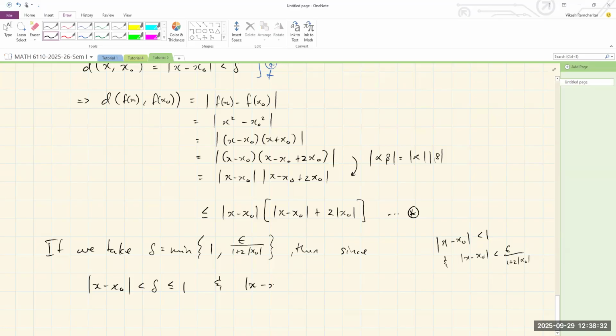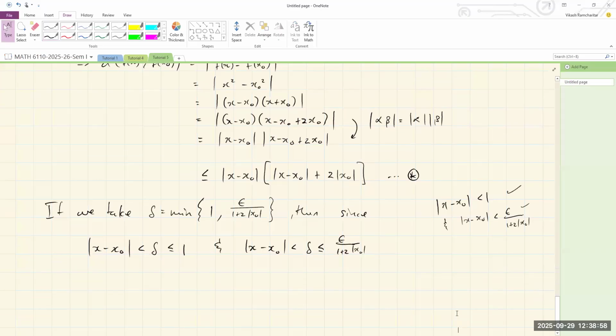And what's the next possibility? Modulus of x minus x0 is less than delta, and delta is also less than epsilon over 1 plus 2 mod x0. In other words, by choosing delta to be the minimum of these two values, I could get both inequalities to hold at the same time.